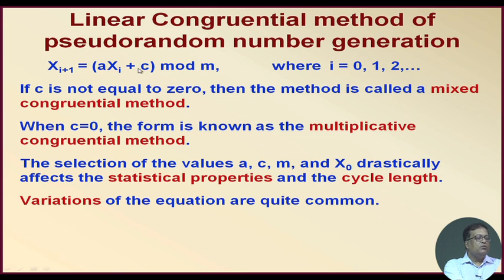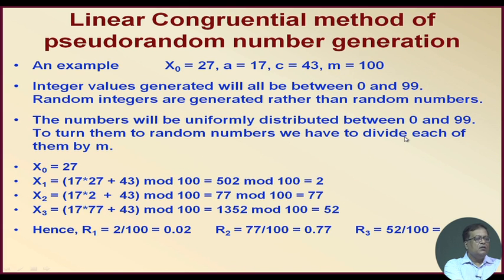When C equal to 0, then this form is called a multiplicative congruential method, right, because the formula simply becomes a X(i) mod m. The selection of the values a, C, m and x0 drastically affects the statistical properties and the cycle length, and variations of the equations are quite common. So, a lot of variations are actually available.